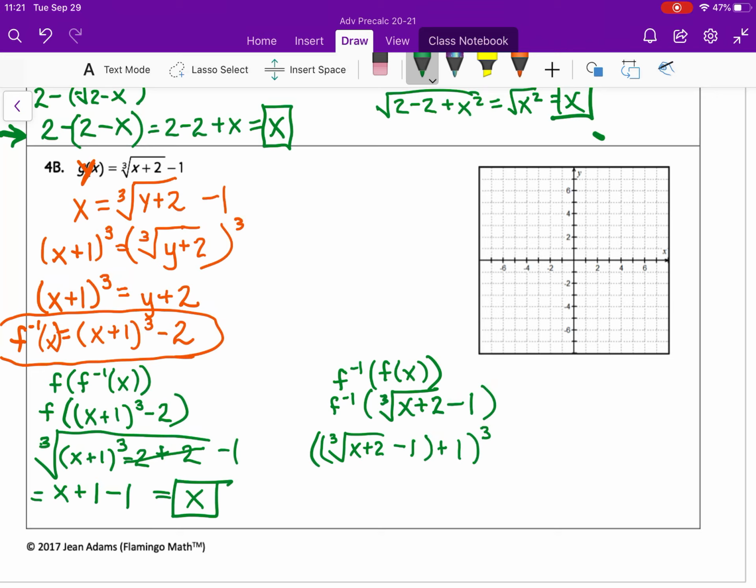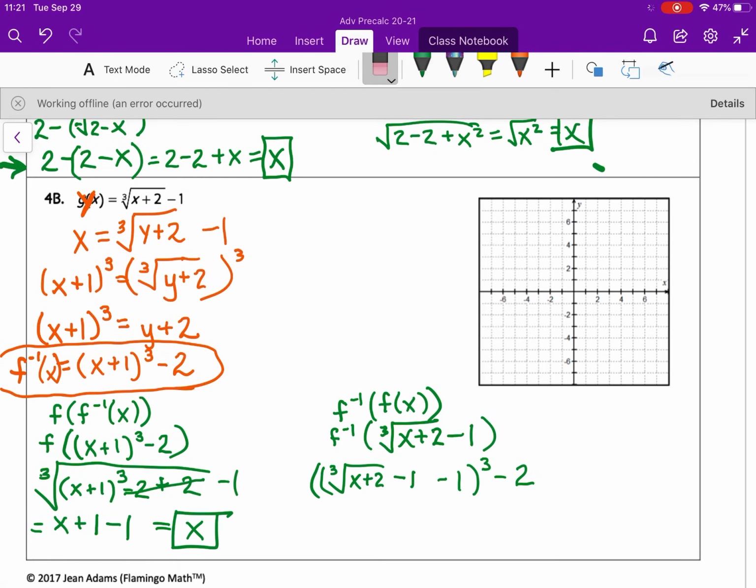Use my parentheses correctly here. And then minus 2. Good. Notice that I can get rid of that second set of parentheses because there's no subtraction sign or anything crazy happening. Anyway, I can get rid of one of the parentheses.